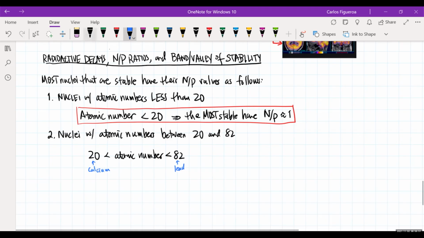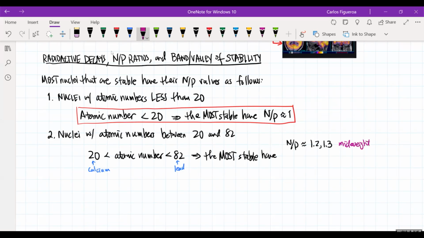So if I'm between there, what you're going to find is that we saw that there was a range. We said that the most stable have two numbers here. If you had NP values of about 1.2, 1.3, we saw that these were the mid-weight nuclei.